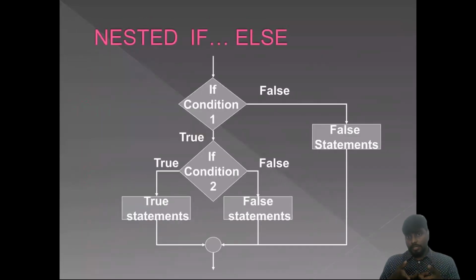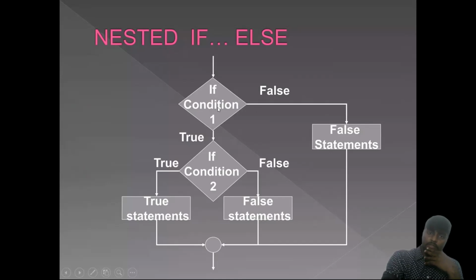Coming to the nested if else, we'll write an if condition first. If the condition is true, it will go to another if else condition. If the condition is false, it will go to the exit condition. Here, multiple conditions will be written inside the if statement.